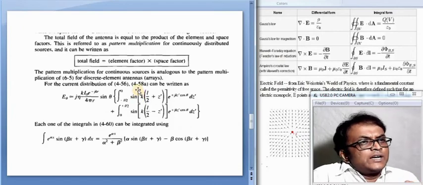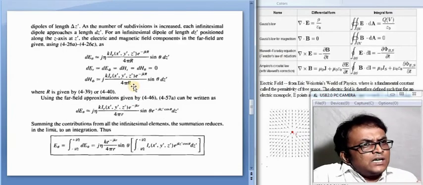The total field radiated from there depends on the current distribution; the electric field basically depends upon the current distribution.